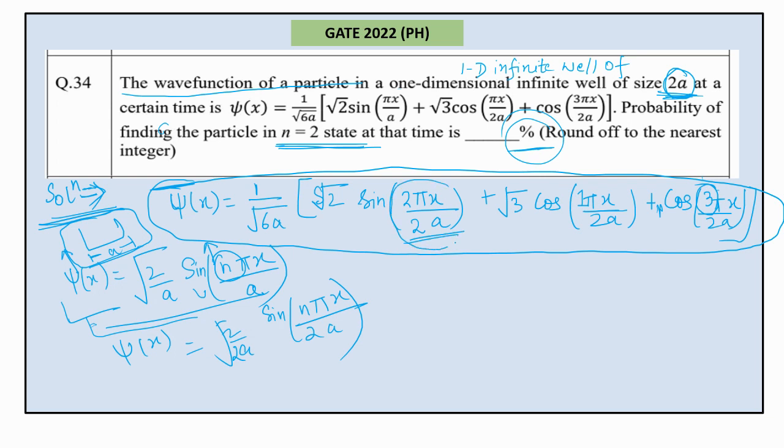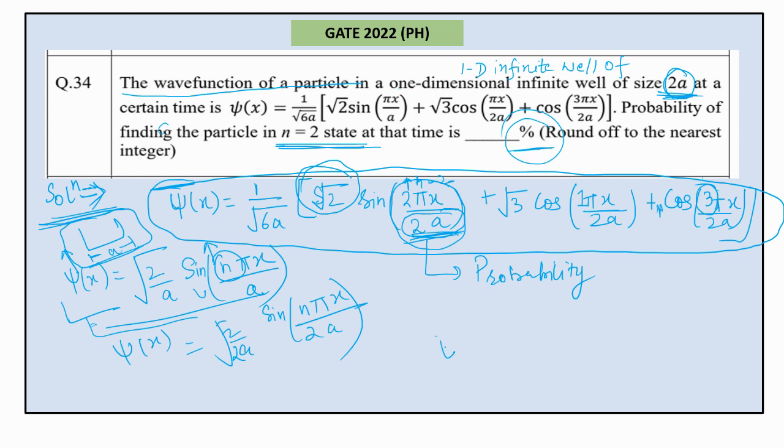This state is n is equals to 2 state because I am multiplying 2 in numerator and denominator, because the size is 2a, it is not a. So 2a is the size, and multiplying by 2 in the numerator defines n is equals to 2 state. So we need to find out the probability of this state, right?